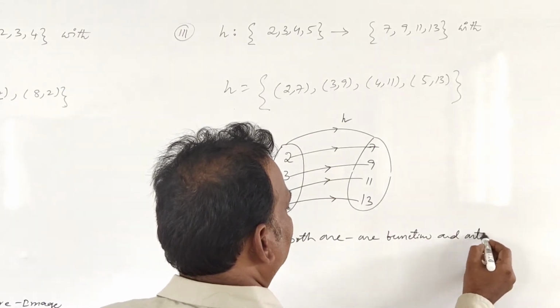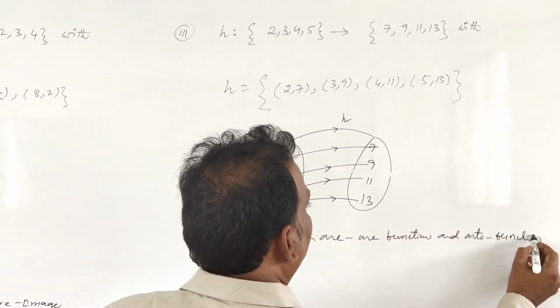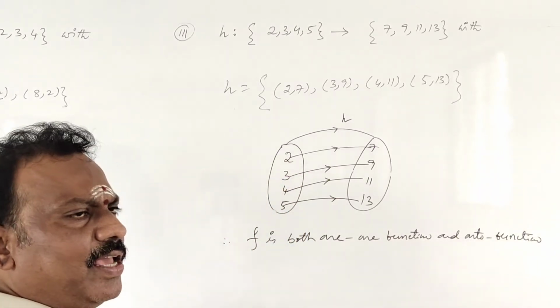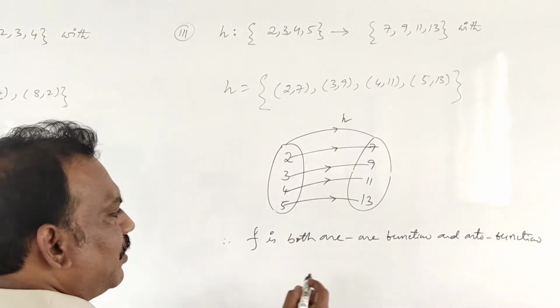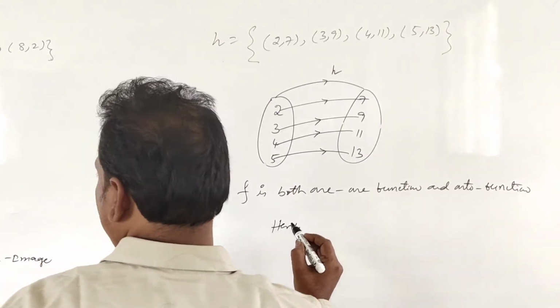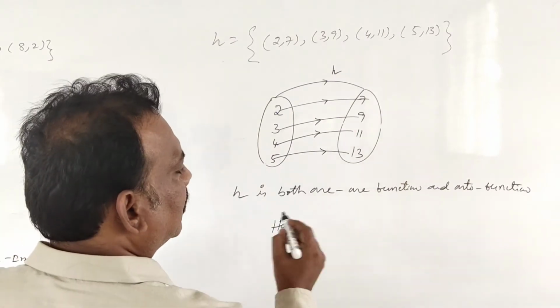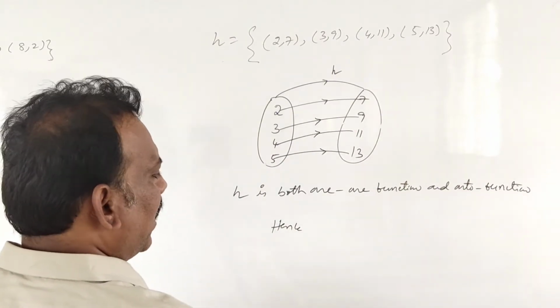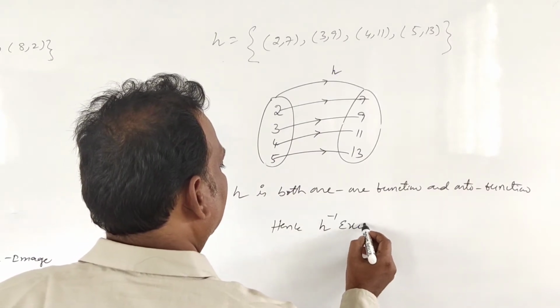You know very well, it is a bijective. Correct, students? That's why we can write simply, if it is a bijective, the inverse exists. Clear, students? So h is both 1-1 and onto, hence h inverse exists.